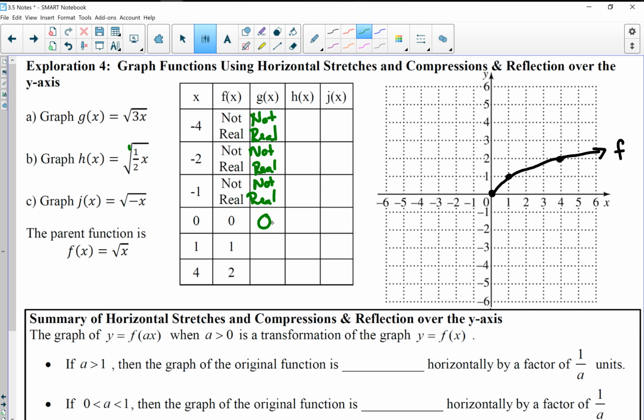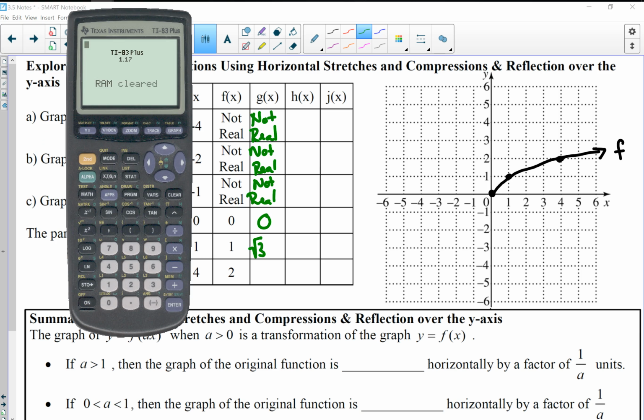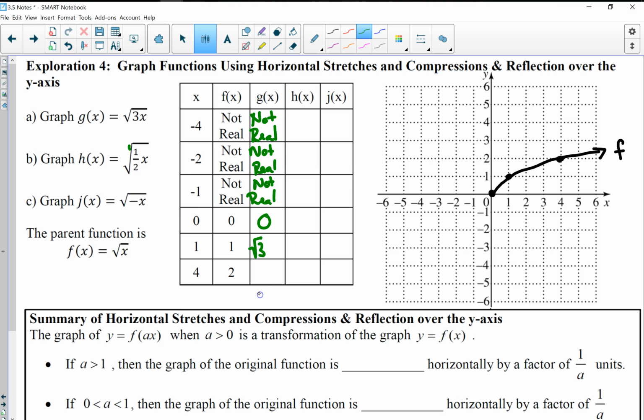At 1, I'm starting to see some different numbers. So 3 times 1 is 3. And then the square root of 3 would be the result there. Now the square root of 3 is difficult to graph without actually knowing its value, so it may be worthwhile to actually figure out what that number is in decimal form. So let's actually figure that out. So if I do square root of 3, it's about 1.7.